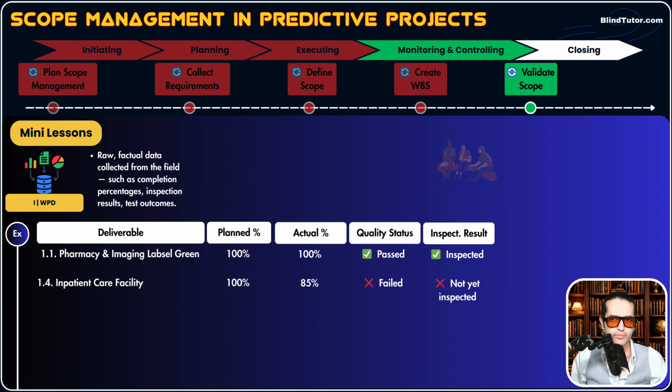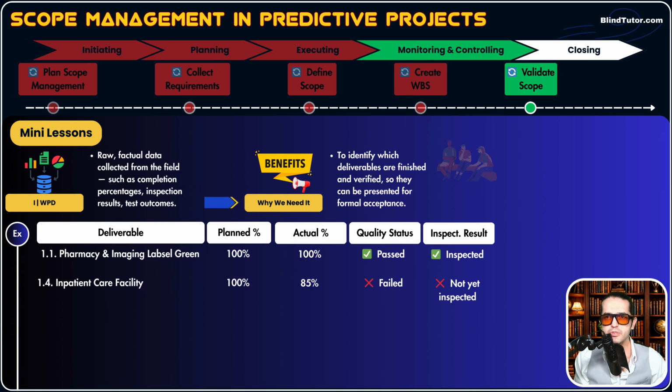Okay. So how do these details and data help us as an input in validate scope? You use WPD to identify which deliverables are finished and verified so they can be presented for formal stakeholder acceptance, just like verified deliverables. Actually, where did you get your verified deliverables? From WPD. Okay.